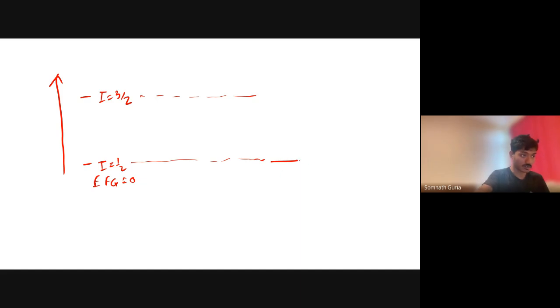Here also I equals half, because here EFG is not equal to 0. Now as it is spherical, the ground state is spherical. Now the excited state I equals 3 by 2 is not spherical. So it splits into two parts.